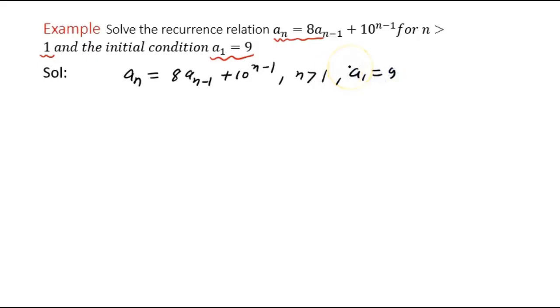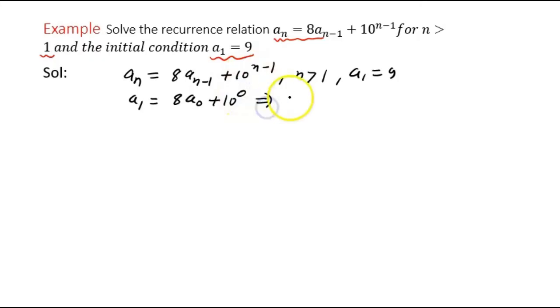But one thing I want you to understand here in the beginning itself, that if you look at this, they have given the initial condition a1, but the a0 value is not provided. So let us first define a0 from our side so that it satisfies the recurrence relation. If I put n equal to 1, I am getting a1 equal to 8a0, because 1 minus 1, plus 10 to the power 1 minus 1, which is 10 to the power 0.